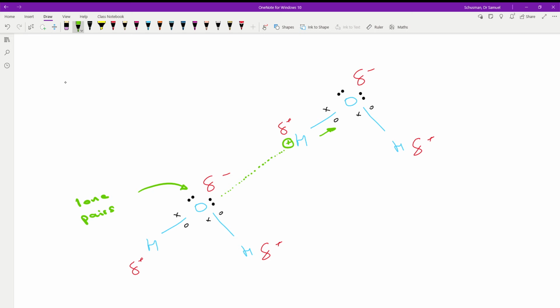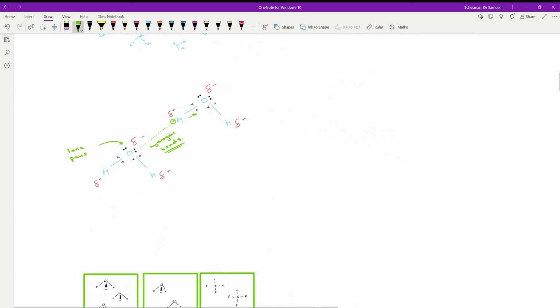And these hydrogen bonds, compared to any of the intermolecular forces you've learned about, are pretty strong. And that's what gives us so many of these brilliant, wonderful properties of water.